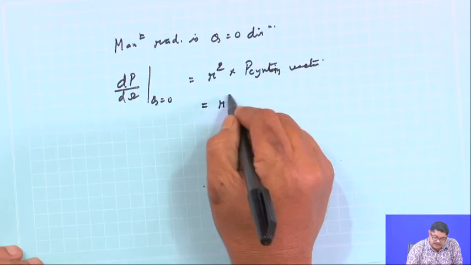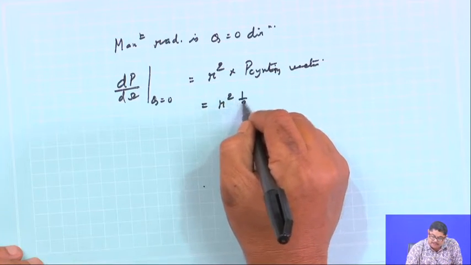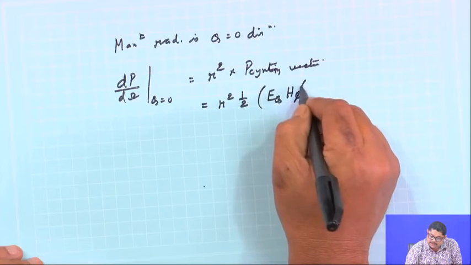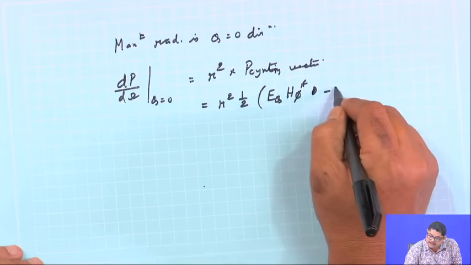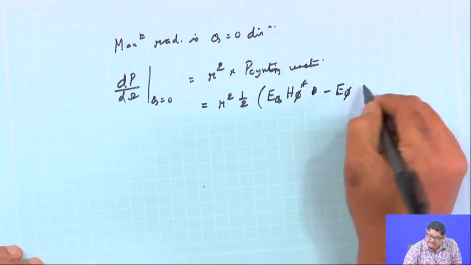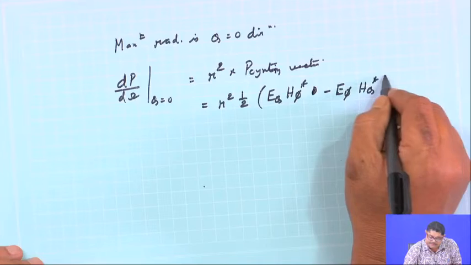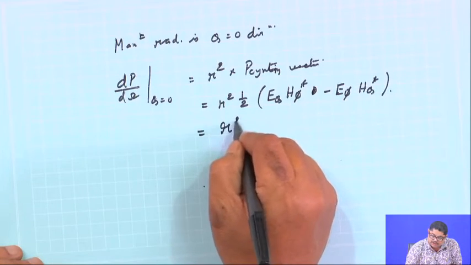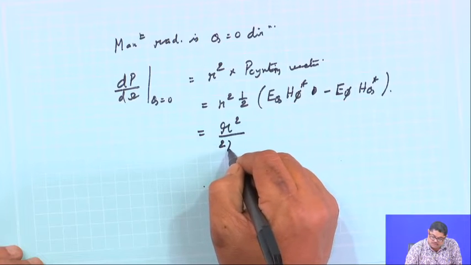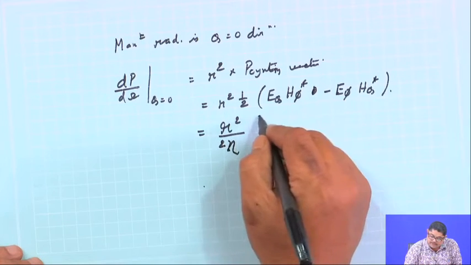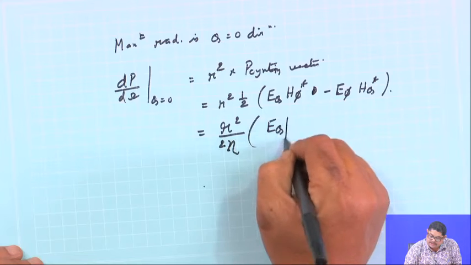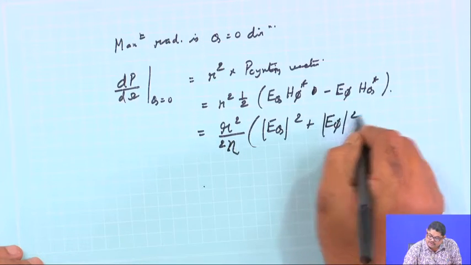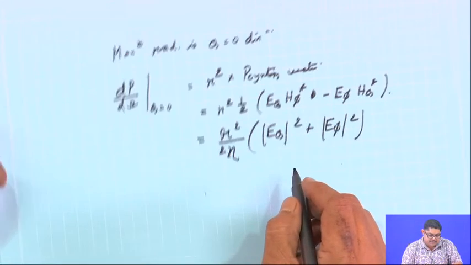So, that is r square by 2 eta into E theta h phi star minus E phi h theta star, and if you put these values, you get r square by 2 eta into E theta square plus E phi square. Okay.